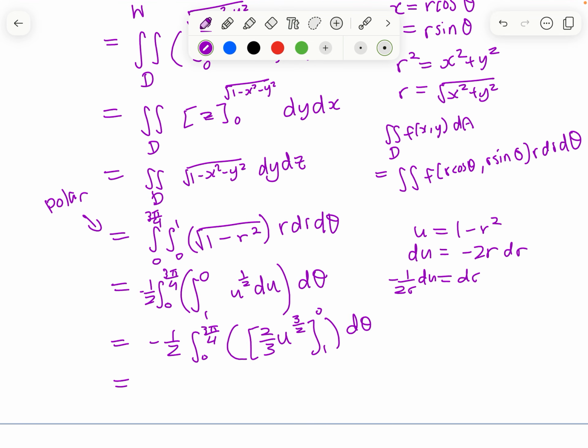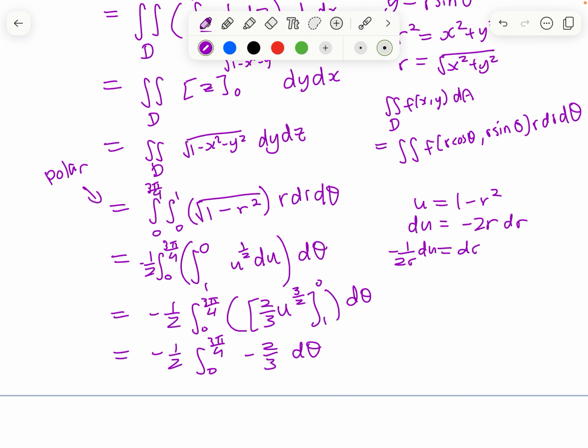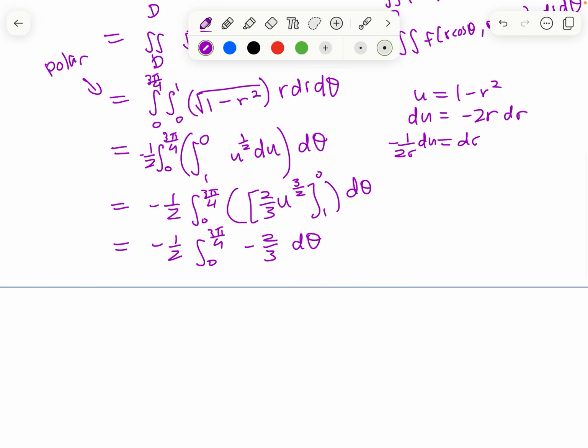Then I simplify my answer. I plug in u equals 0, that's just 0, minus 2 over 3 times 1 to the power of 3 over 2, which is just 1. So we have minus 2 over 3 d theta.